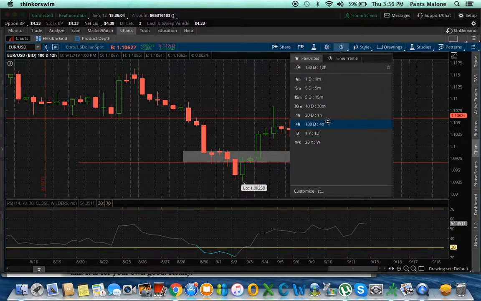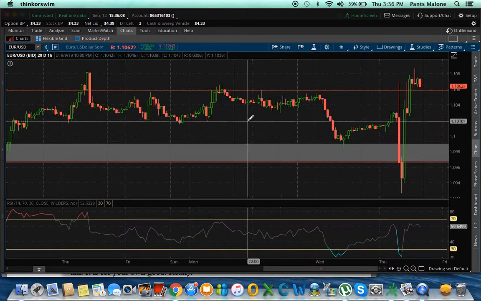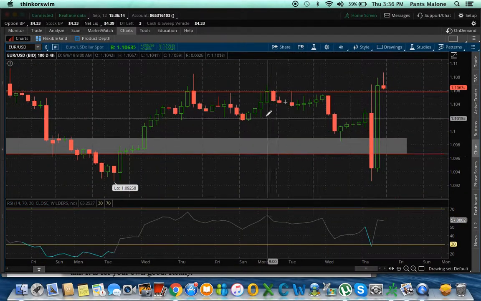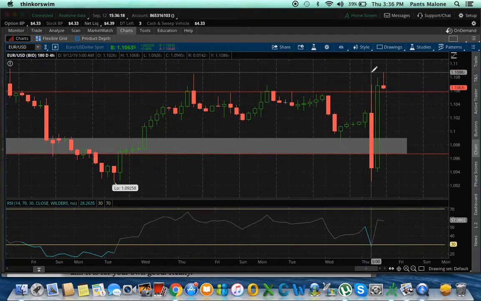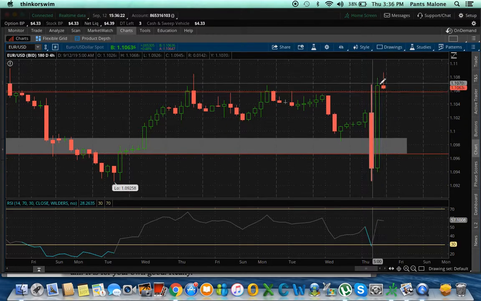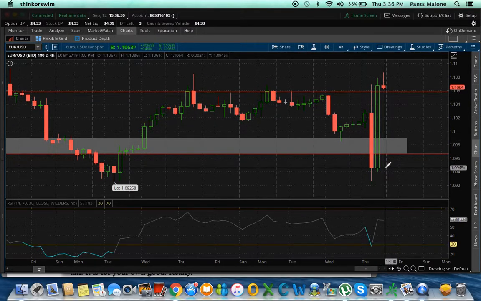So I kept and held my trade because it wasn't making anything significant of a high. It tested here, then it dumped, and then it immediately gained everything back. That candle is obviously a sign of extremely bullish momentum building.